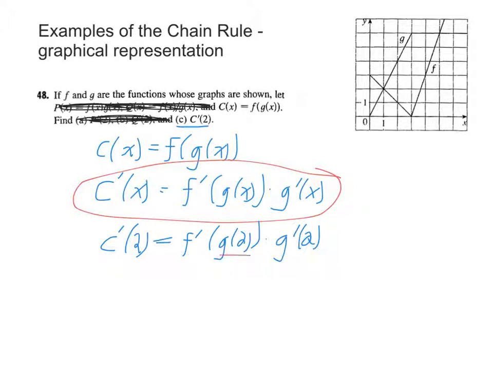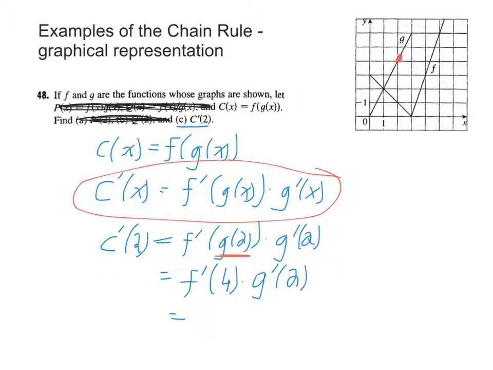Okay, going to the innermost parts first. I want to find g of 2. That refers to a y-coordinate on the g graph at x equals 2. That's right there. Let me count. 1, 2, 3, 4. Okay, the last two are derivatives. That means the slope of the curve at those points.